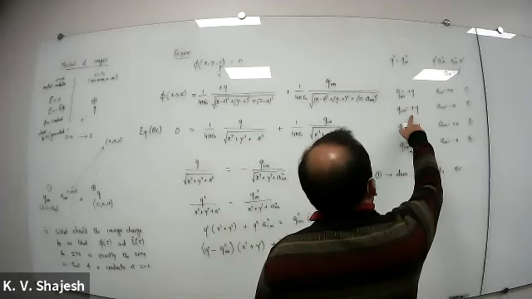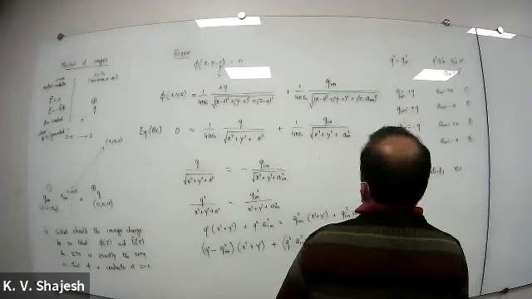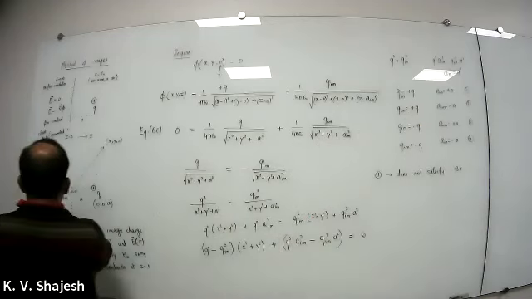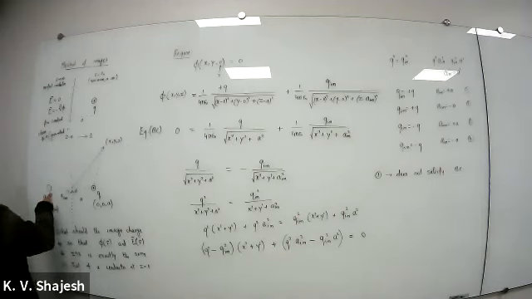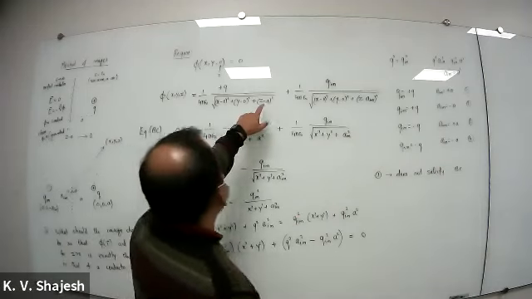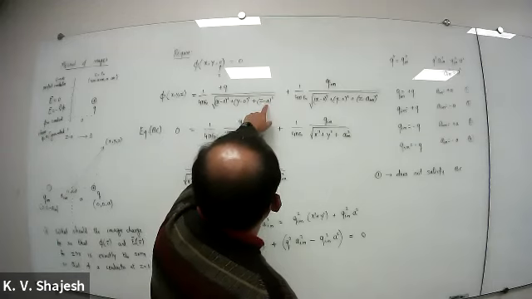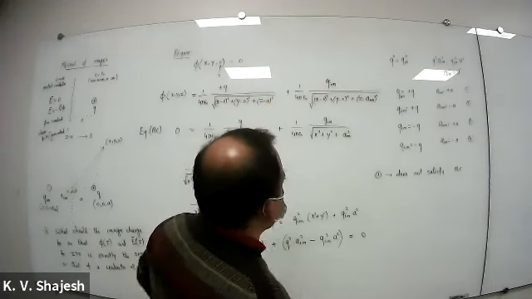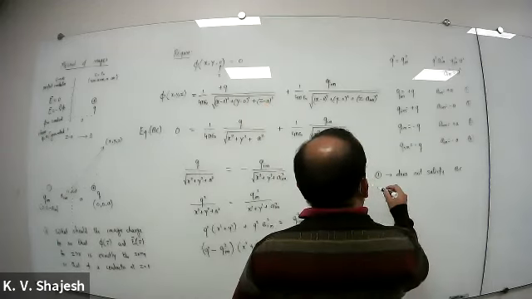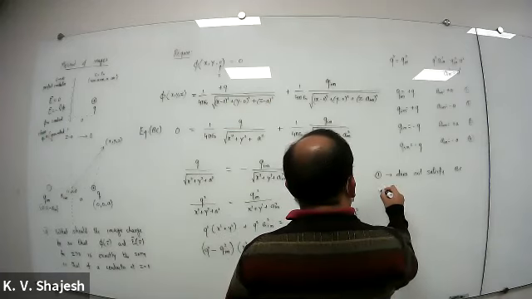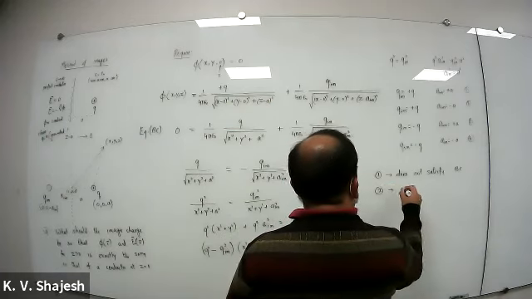What about image charge being plus q at minus a? That's the same thing. Even if you were to put a plus a there, this quantity doesn't change, so again it does not satisfy the condition.